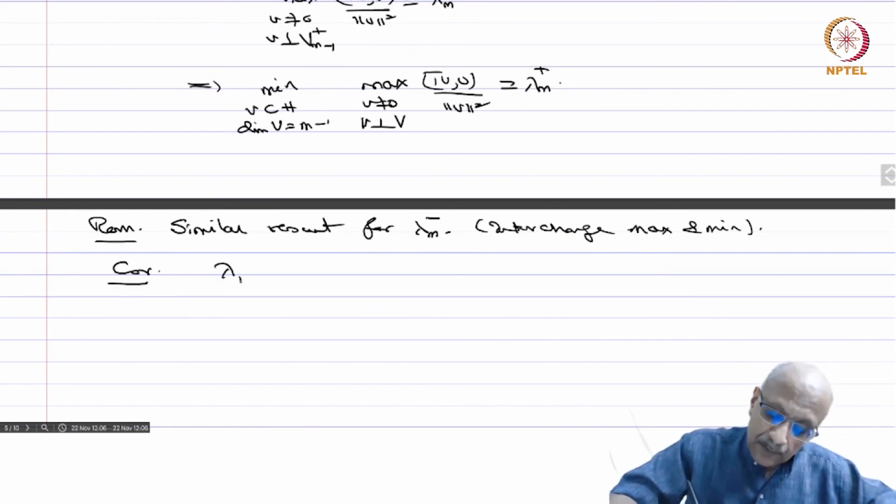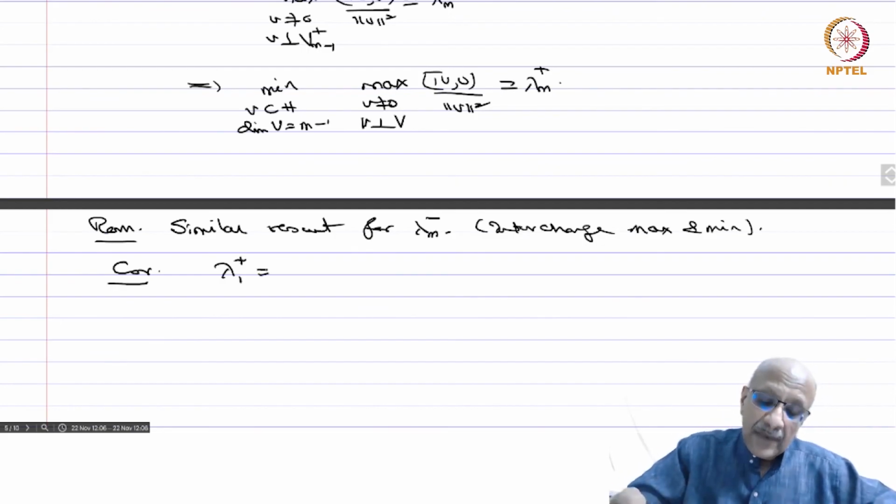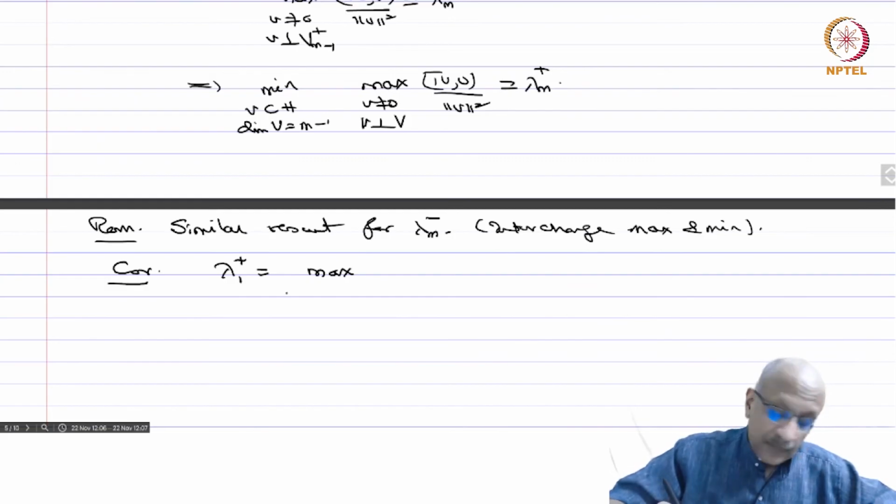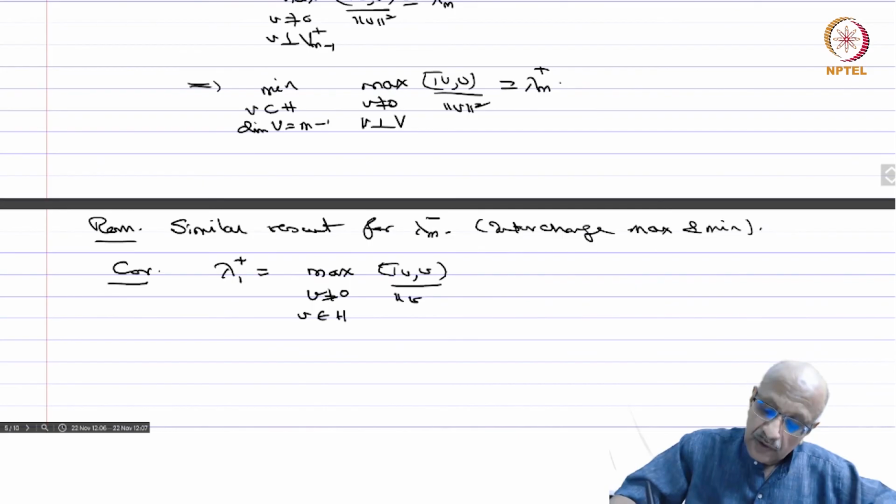What is lambda 1 plus? It is the max over V m minus 1 plus orthogonal. But that is m equals 1, so we have 0, and 0 orthogonal is nothing but the whole space. So this is in fact equal to the maximum over v not equal to 0, v in H, of T v v by norm v square.